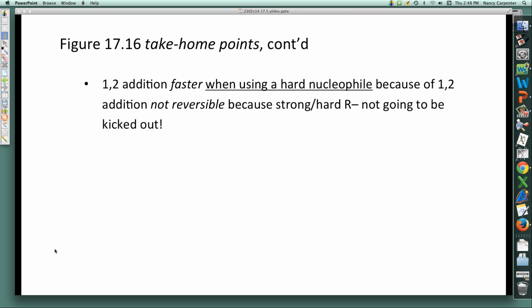1,2 addition is faster when you're using a hard nucleophile, and it's not reversible. That's kind of the key, because you can't do the reverse reaction and kick out that Grignard reagent, or H- again.